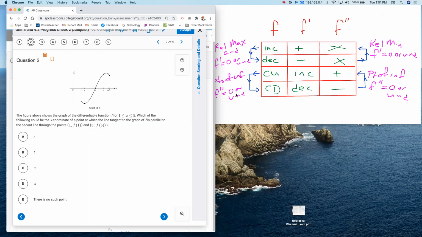Okay, so this is saying, which of the following could be the x-coordinate of a point at which the line tangent to the graph of f is parallel to the secant line, which is just a line through these 2 points. So let me draw that line and see what that looks like.